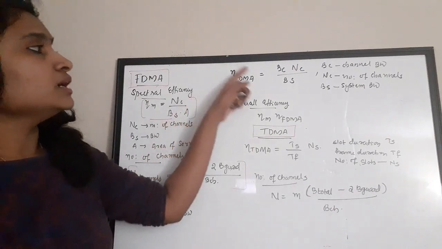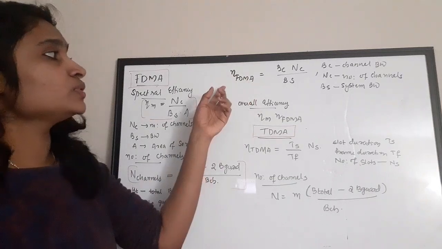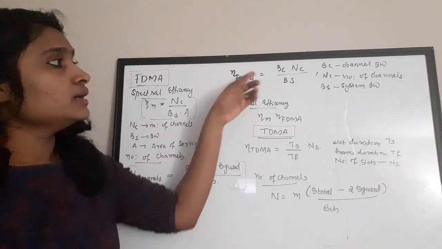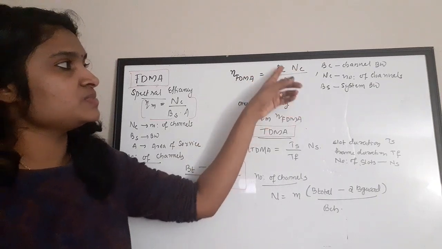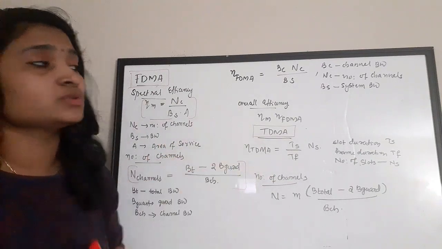Now the FDMA efficiency, that is how efficiently the FDMA is employed, is BC NC by BS. BC is the channel bandwidth, NC is the number of channels, BS is the system bandwidth, the total bandwidth of the system.